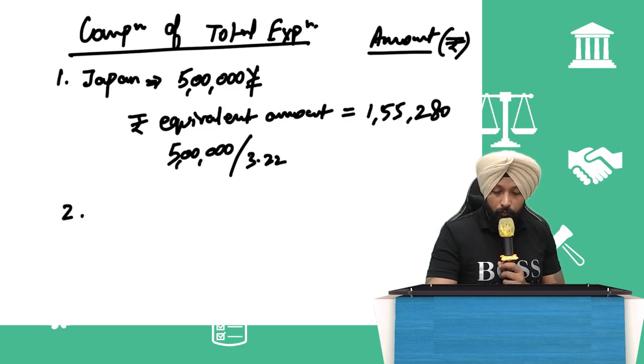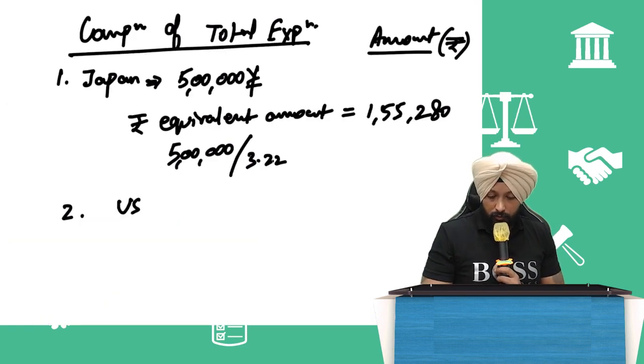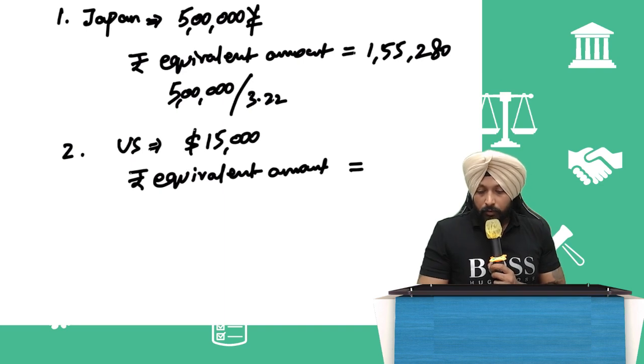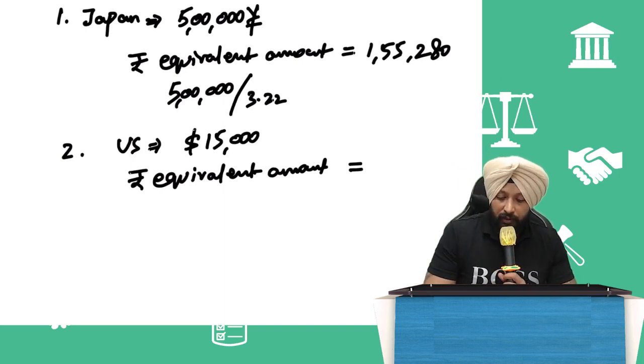Next, number 2. US, 15,000. US dollars 15,000 is the budget. Rupee equivalent amount.